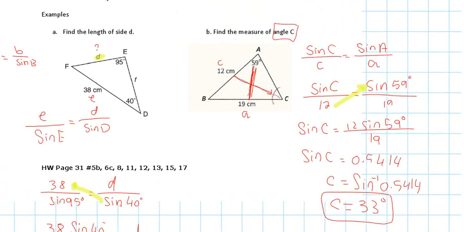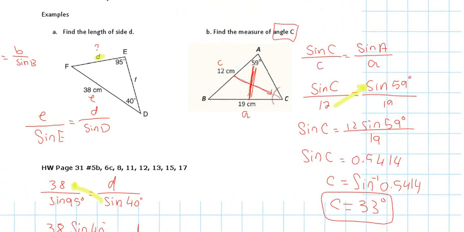That's right. So remember that if I'm looking for side F, I need angle F. Otherwise, I can't use the ratio. Okay? So in order for me to find angle F, because I know the other two angles, I can do 180 minus 95 minus 40. Find that angle, and then instead of using D and sine D, you're going to use F over sine F. Okay? So sometimes you have to do an extra step in order for you to be able to solve. Does that make sense to you guys?